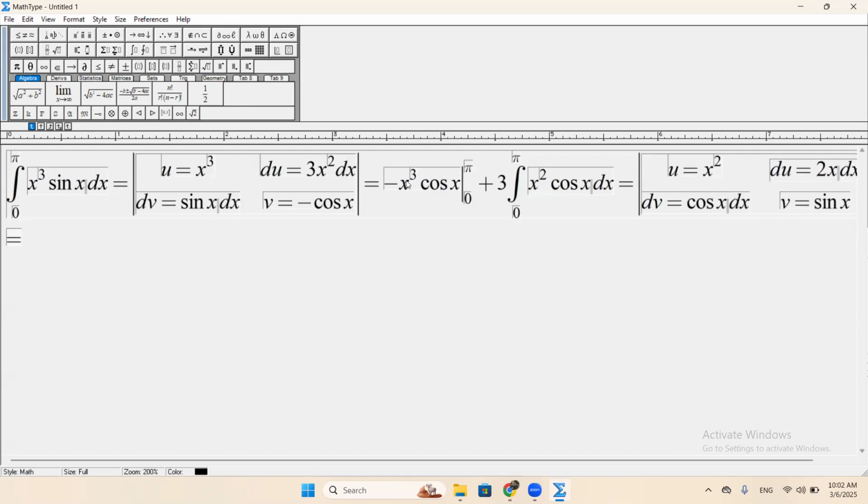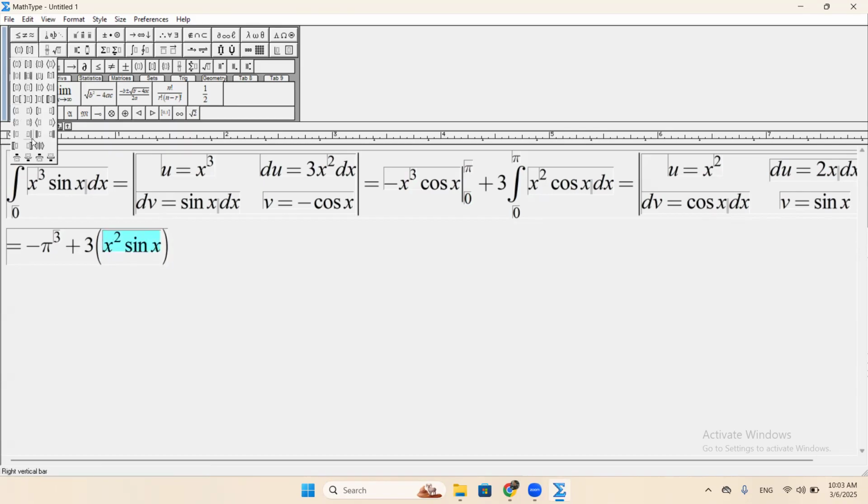So for this product, when x equals 0, it will be eliminated. So we have minus p cube and plus 3 times the following expression, x square over sine of x multiplied by sine of x.